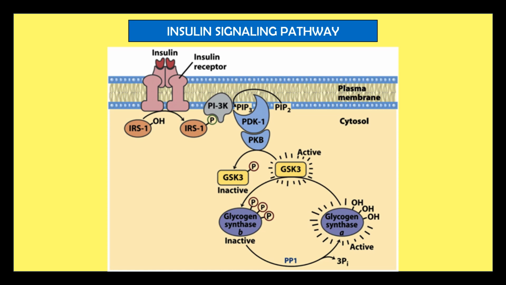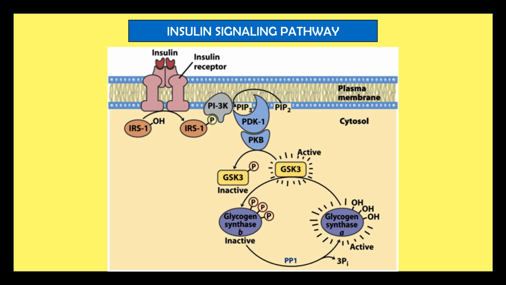So this is an example of a receptor tyrosine kinase, that is the insulin signaling pathway, where the insulin receptor is a receptor tyrosine kinase. It consists of two alpha subunits on the outer surface of the plasma membrane and two transmembrane beta subunits.